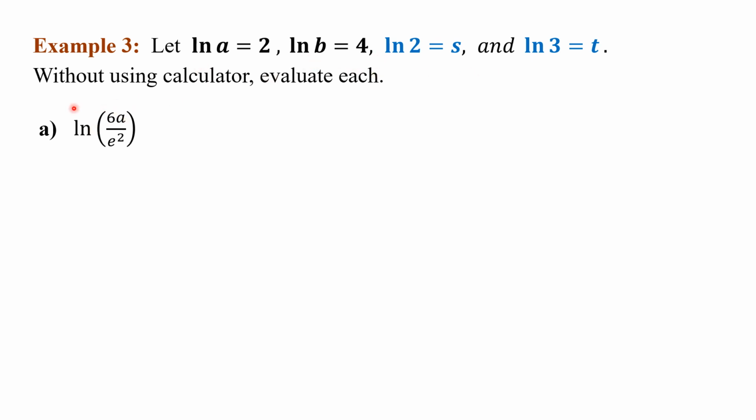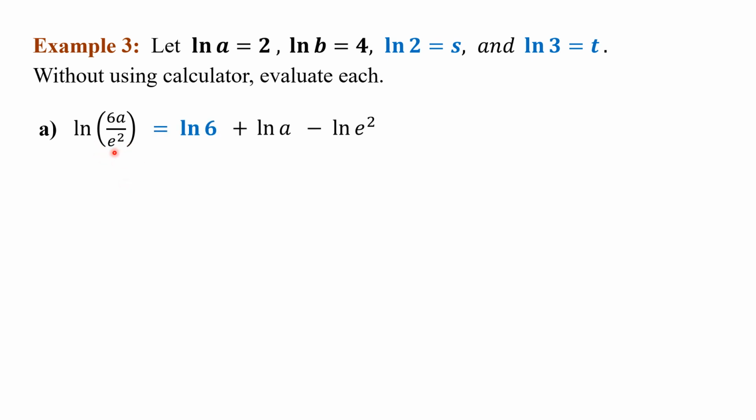So we have to expand this. We have to write this as a sum or difference of two or more logarithms. Since we can see a quotient and a product, we can directly write this in one step: the expressions in the numerator are positive ln and all the expressions in the denominator are negative ln.